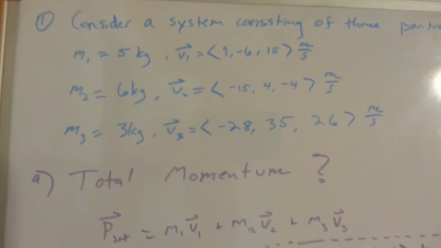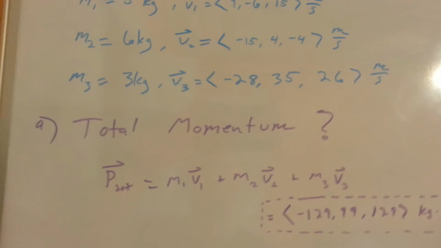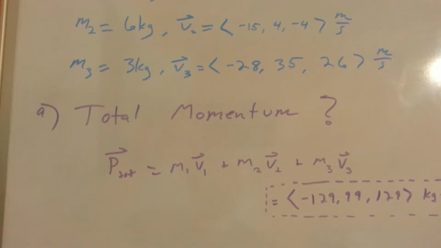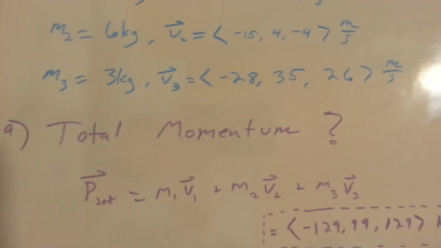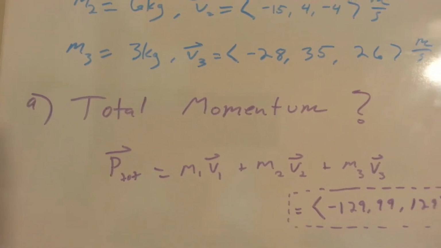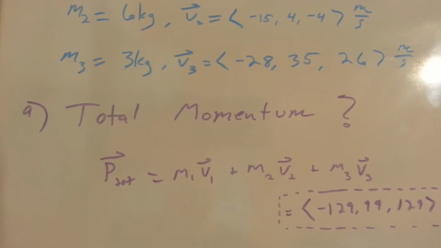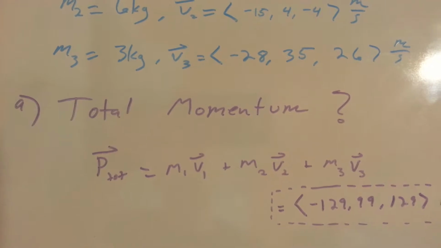Our first question is, what is the total momentum? Now, as we know from earlier chapters, momentum equals mass times velocity. And here, the total momentum is asking for the momentum of the system. So what will that be? It would just be the summation of all the momentums.